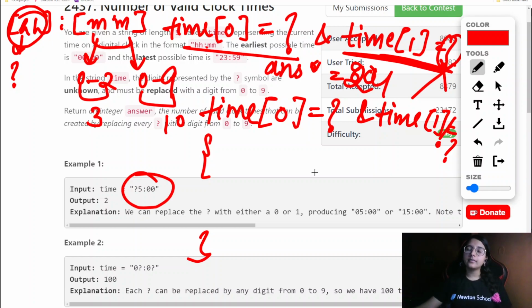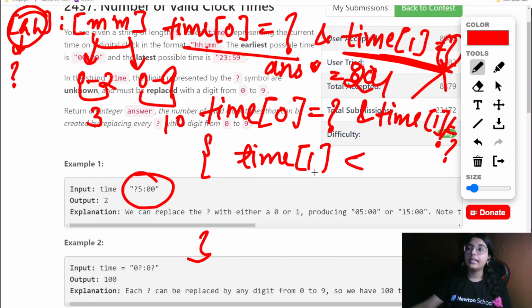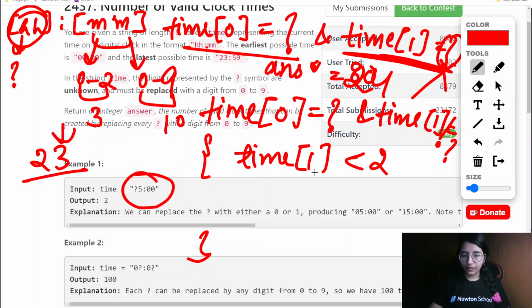Now if that is the scenario, then we will be checking what the time of 1 is. If the time of 1 is basically less than 2, see, here the thing is that we can go till 23, right? So we are required to check for this particular thing.